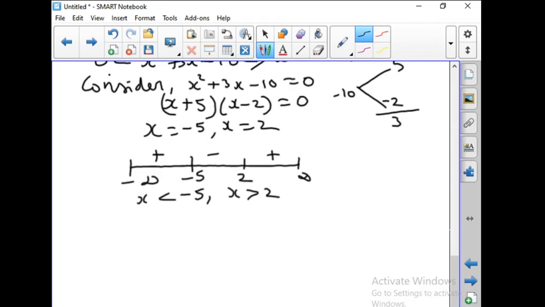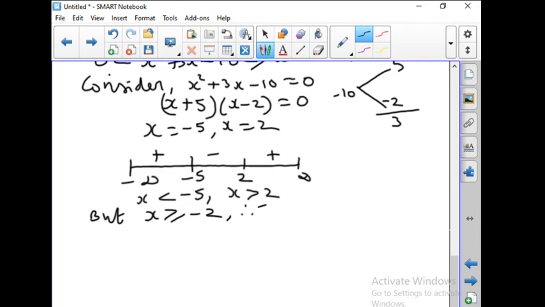Okay, you substitute in this equation (x plus 5) into (x minus 2) is equal to 0. We will notice that x will be less than minus 5 and x is greater than 2. But what do we have? x is greater than or equal to minus 2. So, x is greater than or equal to minus 2 means we cannot take x less than minus 5.